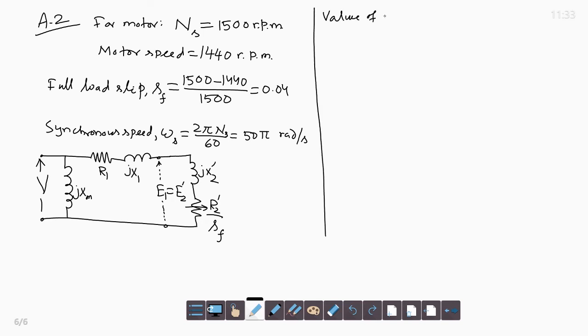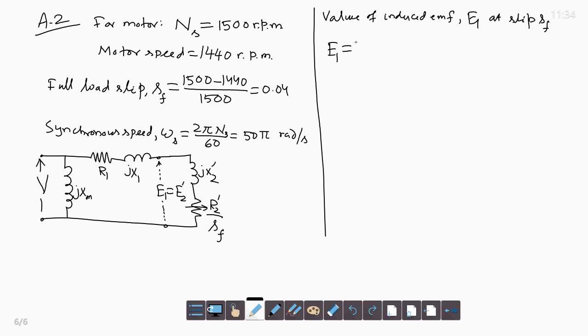Value of induced EMF E1 at slip Sf is E1. So, you use the equivalent circuit and apply the voltage division principle.